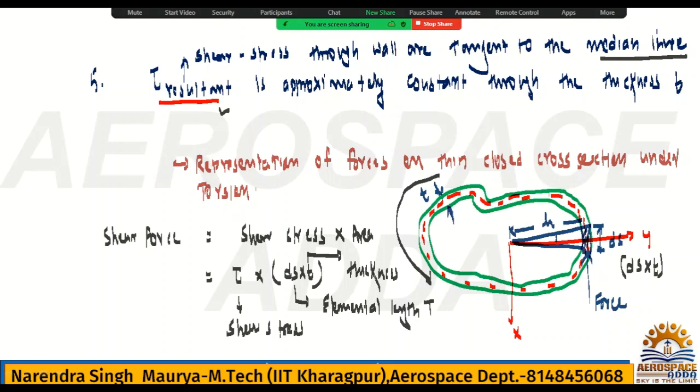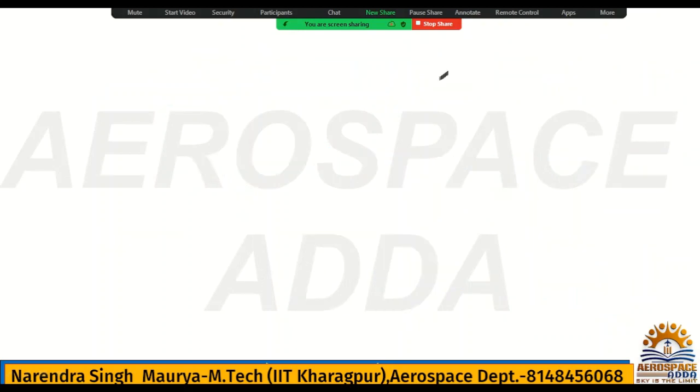So you can consider this section, and here we have a shear flow, and from the origin this length is nothing but h.